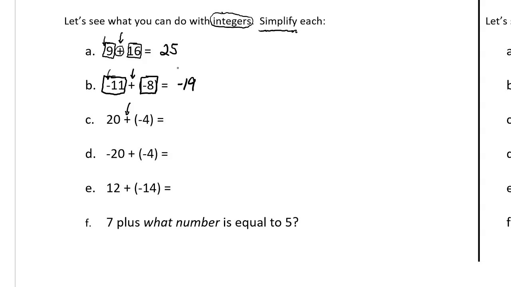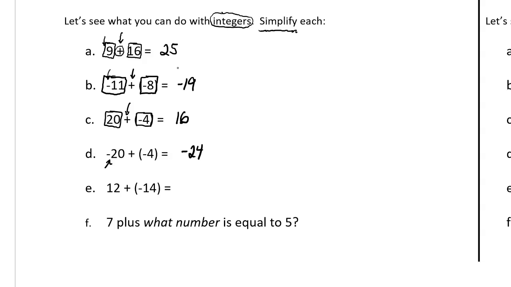Question C, 20 plus negative 4. Identify the numbers. 20 and negative 4. Identify the operation. Addition. 20 plus negative 4 is 16. Question D, negative 20 plus negative 4. That's negative 24. Do you see the negative in front of the 20?